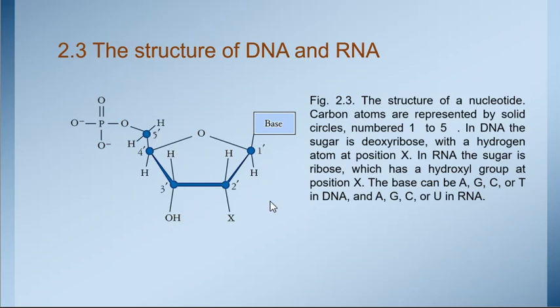In DNA, the sugar is deoxyribose with a hydrogen atom at position 2'. In RNA, the sugar is ribose, which has a hydroxyl group at position 2'. The base can be A, G, C, or T in DNA and A, G, C, or U in RNA.